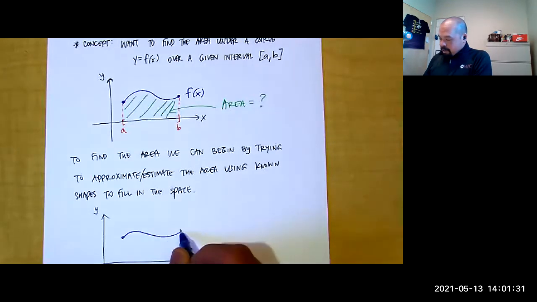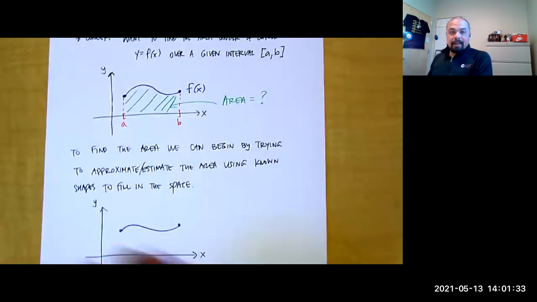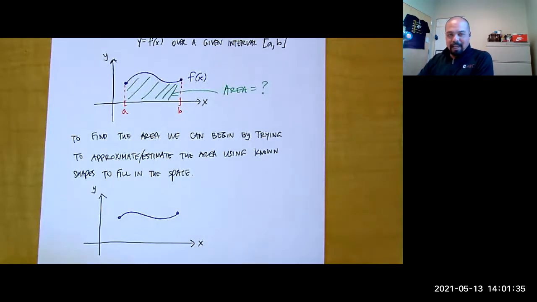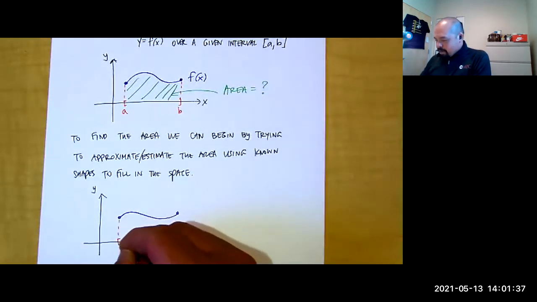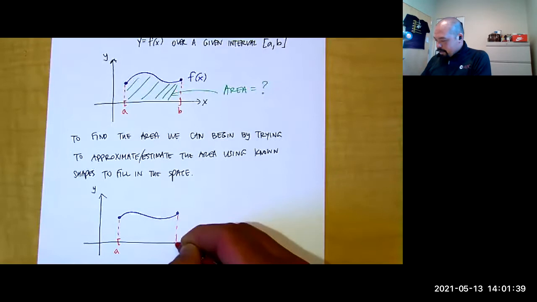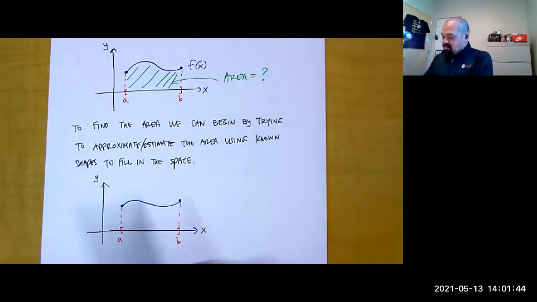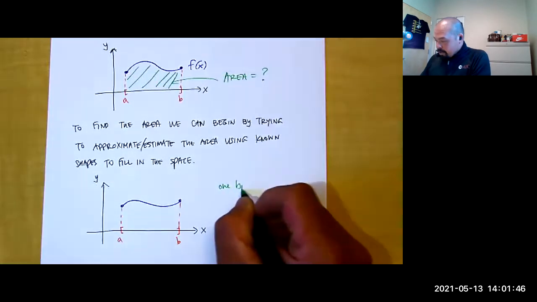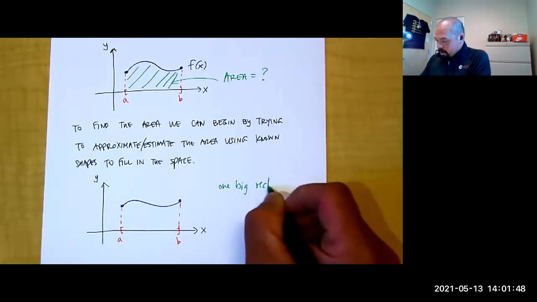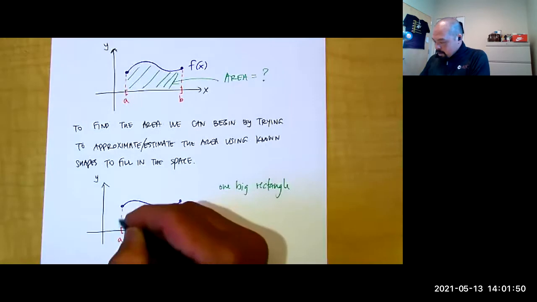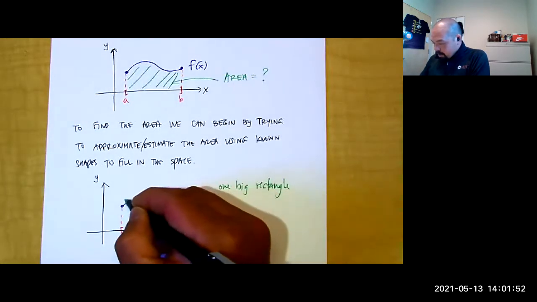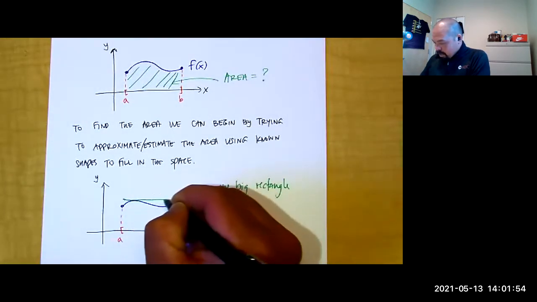Again, I'm going to continue to redraw this. I know my function is not going to look perfect every time, but this is the concept. One idea to make that estimate is to just use one big rectangle, depending on how high we go, say using the maximum point.